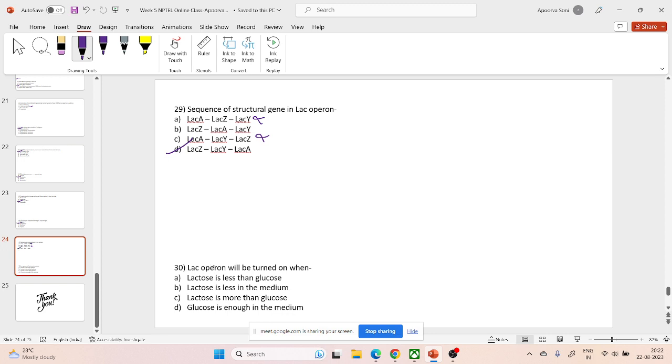Next is, lac operon will be turned on when? See the options and tell the answer. Ma'am, option C. Option C, lactose is more than glucose. Yes, option C is the correct answer. Lactose is more than glucose.